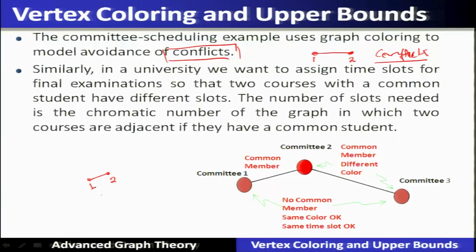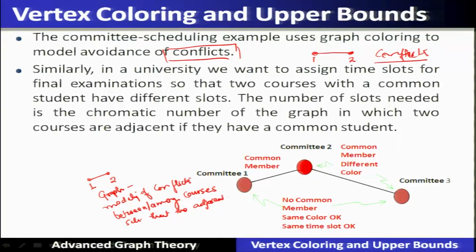So, the graph is nothing but the modeling of the conflicts between courses, such that adjacent vertices like this can be scheduled in different slots.